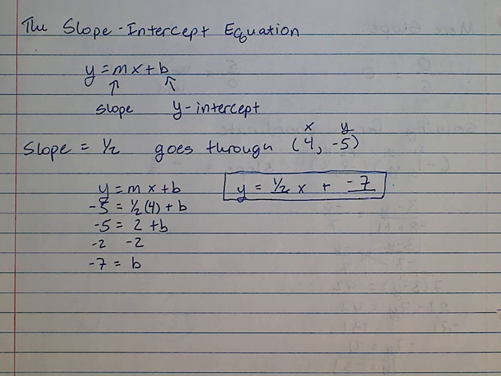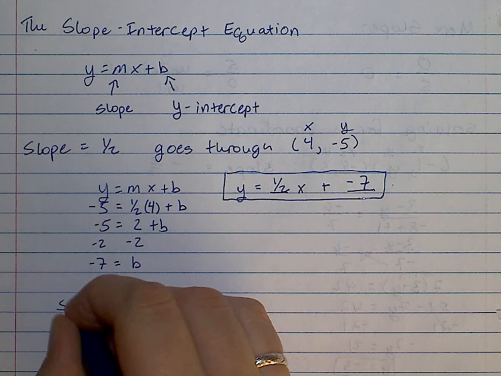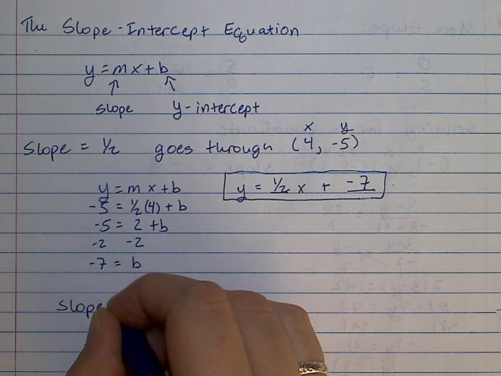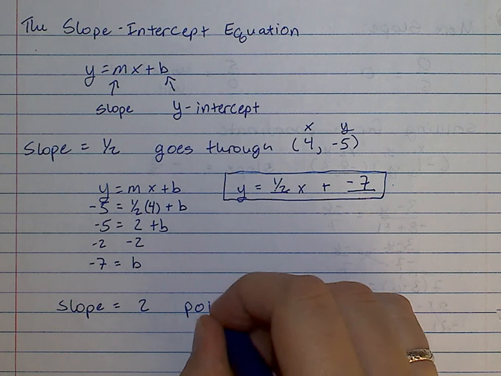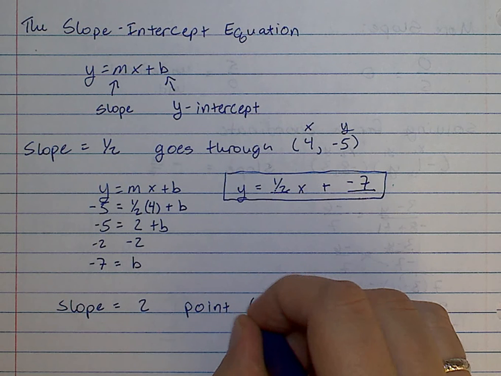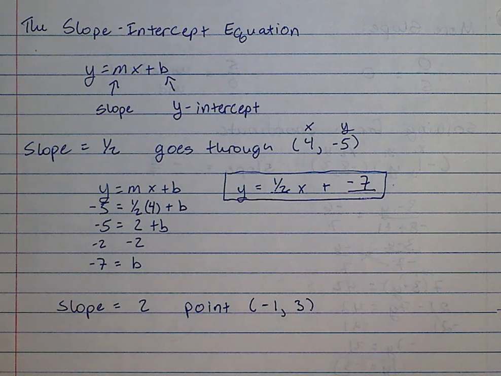Alright, so let's have you guys try one on your own. So let's say that we've got a slope that's equal to 2. And let's say our point is, let's do -1, 3. So I want you to try that one on your own. Slope is equal to 2, and our point is -1, 3.